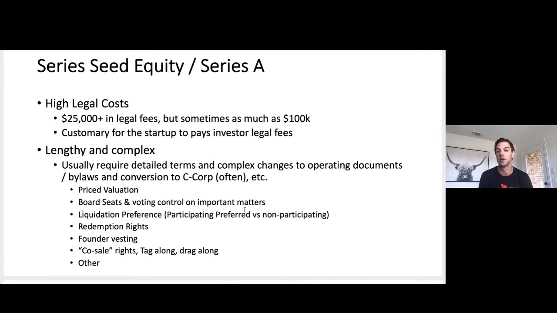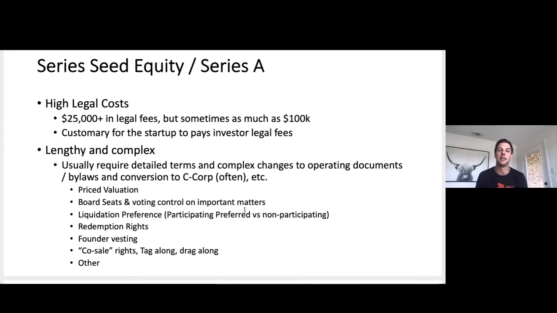Then the startup is really going to pay $50,000 to close that deal. And from the new funding that will come in from the investors, $25,000 will go right back out of it to pay their attorney. It's very customary that that's the case. We don't like that as startups, and we don't like the high legal costs, especially for something that might be really hard to nail.